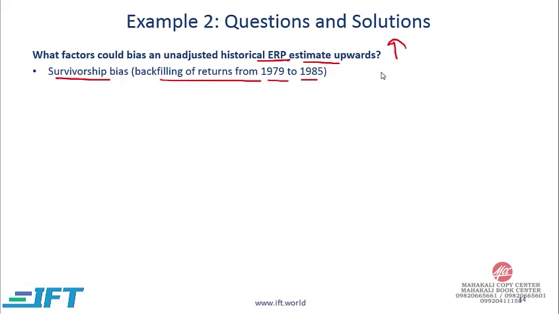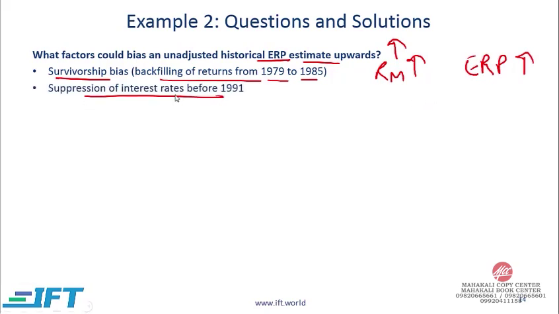So when we add stocks that have survived, those are stocks that have relatively high returns compared to stocks that were removed from the index. So the historical estimates of market returns will be overstated, which means that the equity risk premium will also be overstated. Another is the suppression of rates before 1991.